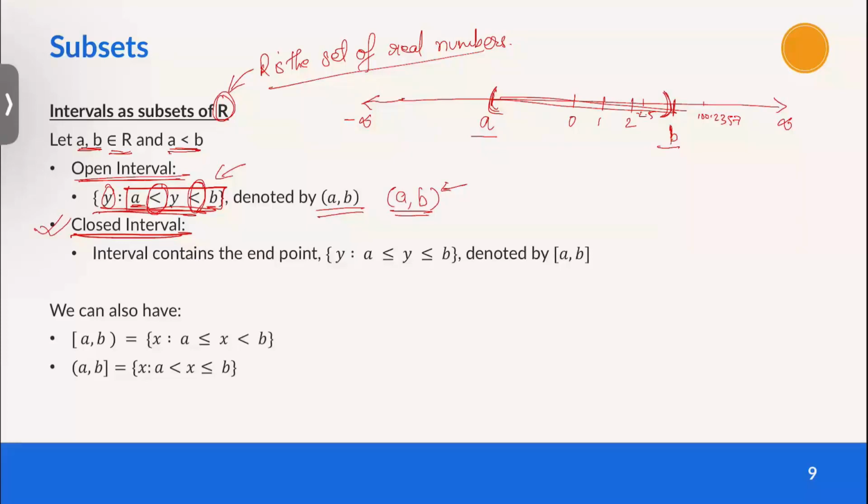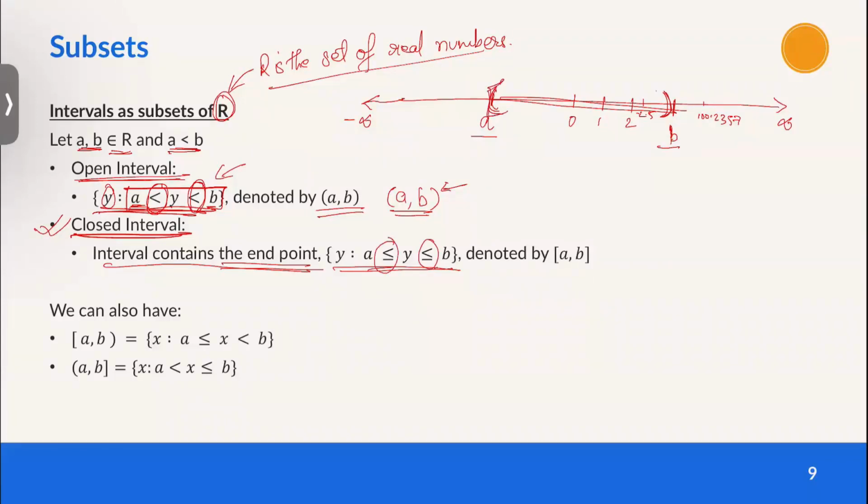What is a closed interval? The interval that contains the endpoints. Here A and B were not included in that set. So if we have a set Y which satisfies Y greater than or equal to A and less than or equal to B, we have the equals to, so A and B are included in this set.